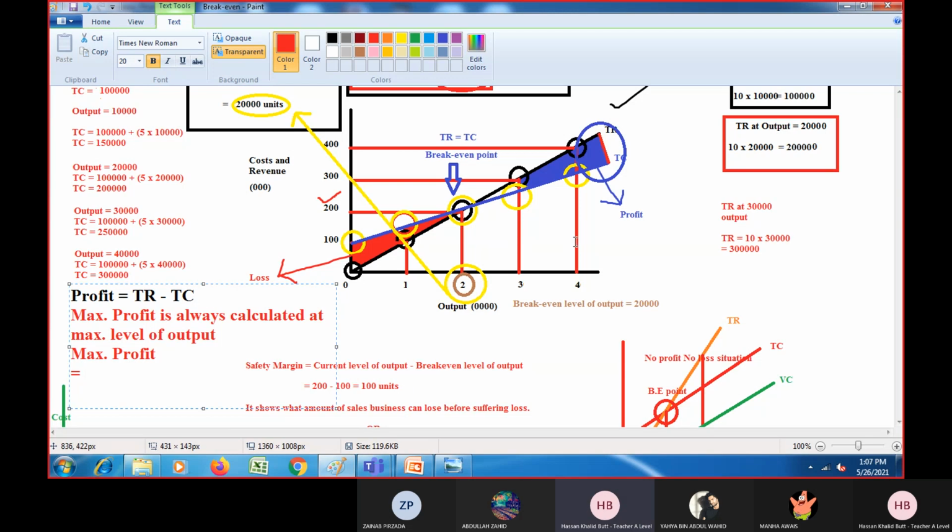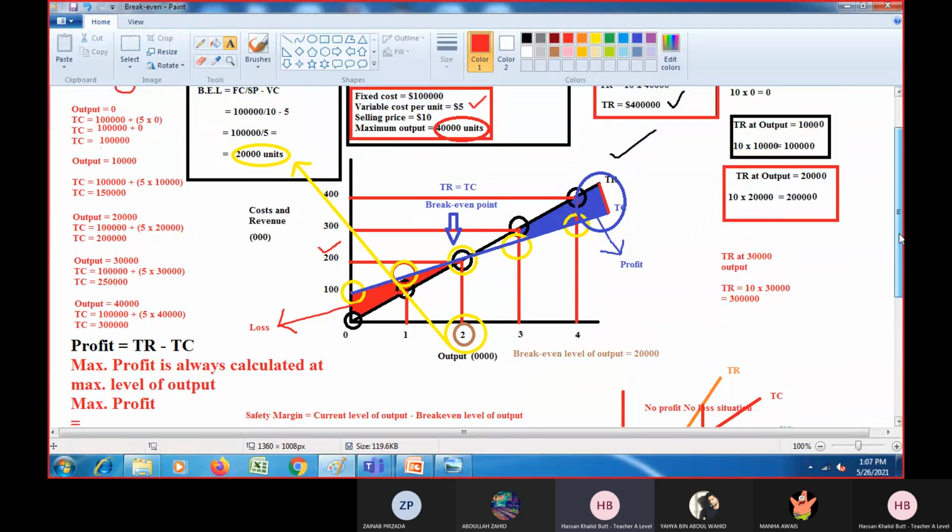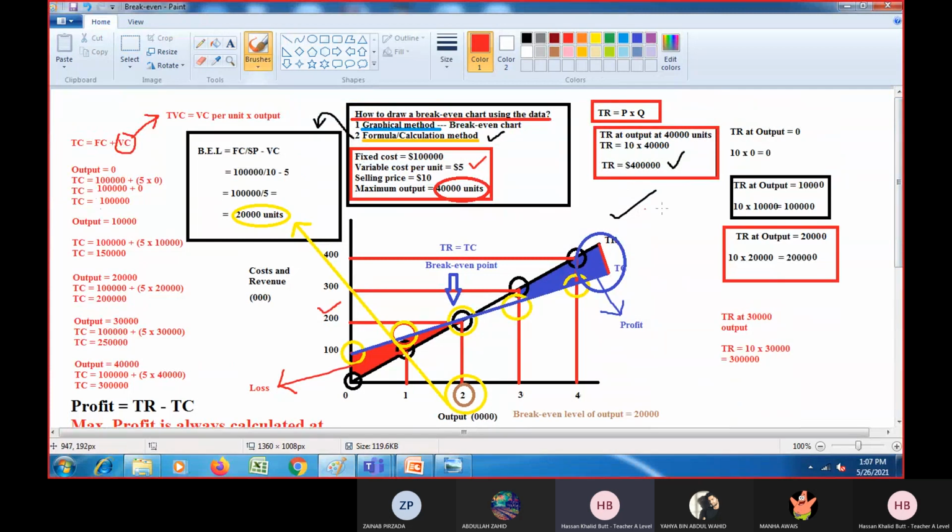But for calculating maximum profit, we will take total revenue at maximum level of output, and there it is. You can see that this is the total revenue at maximum level, because here we have taken the units, that is 40,000, and this is the maximum level. These four zeros are there, so don't get confused. This is 40,000.